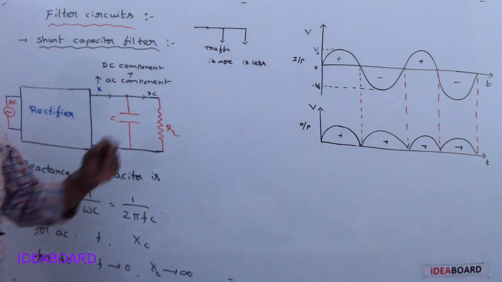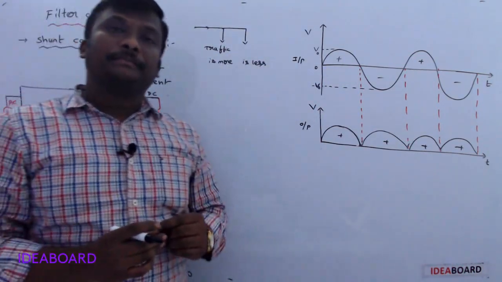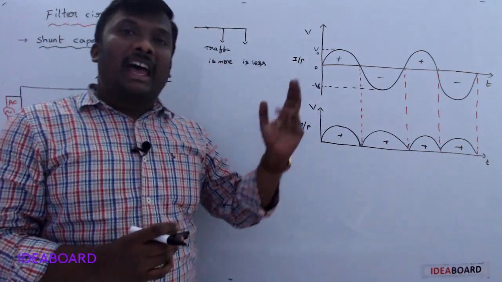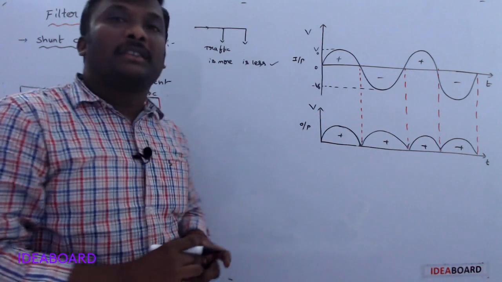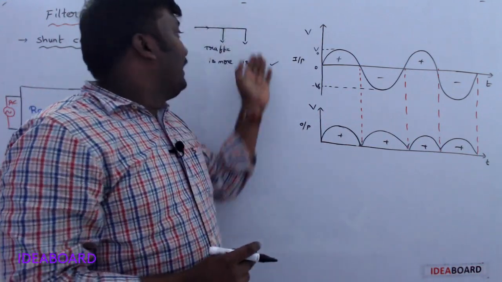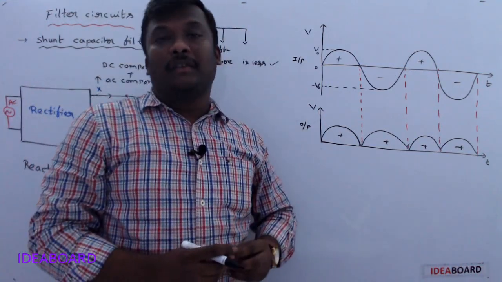Which path do I have to choose? Obviously the path with less traffic, then I can reach my destination very fast.